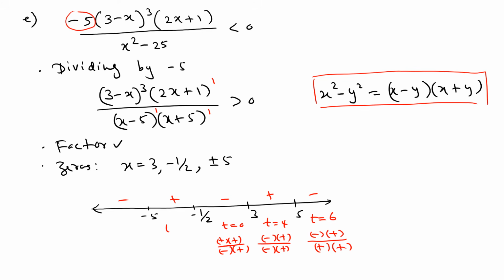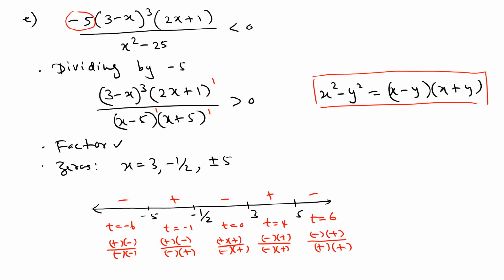If you plug in t equals negative 1, you get plus, minus, and then minus, and then plus. If you plug in t equals negative 6, you can see this is plus, minus, minus, and minus.